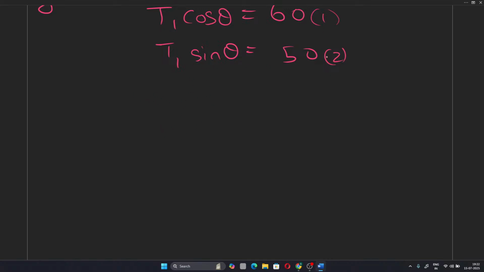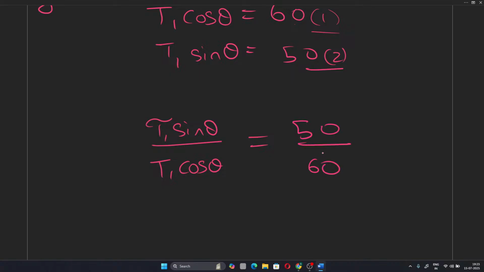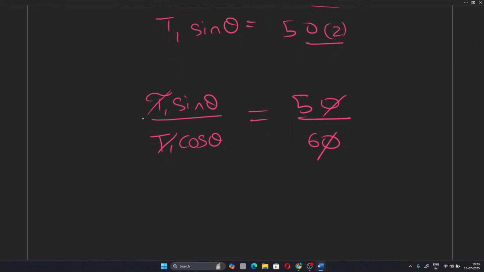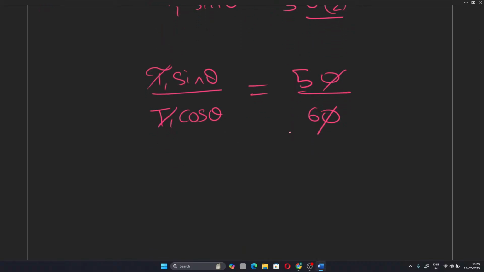So we'll get T1 sin theta by T1 cos theta, which is the same as 50 by 60. 0, 0 cancel. T1, T1 cancel. We know that sin theta by cos theta equals tan theta.